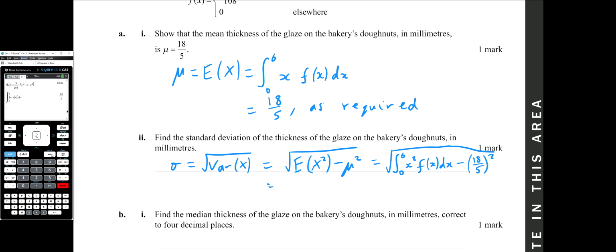So that is equal to, let's work that out. So we can press up twice and just modify the integral to put a square on the x. There you have it. So 72 over 5. So that's the square root of 72 over 5 minus 18 over 5 squared, which is 324 over 25.